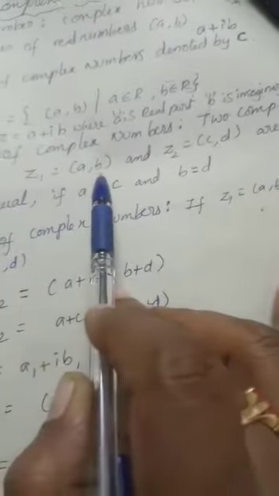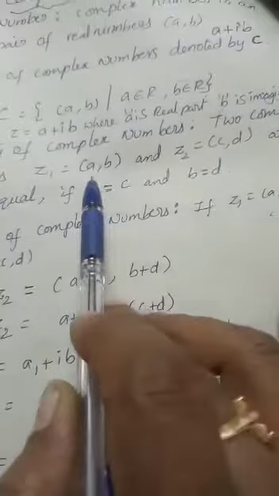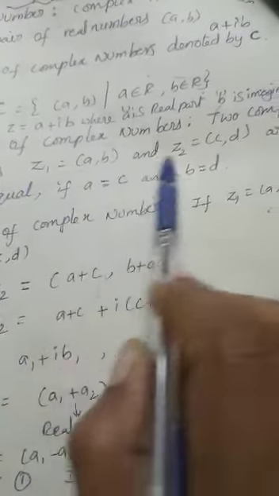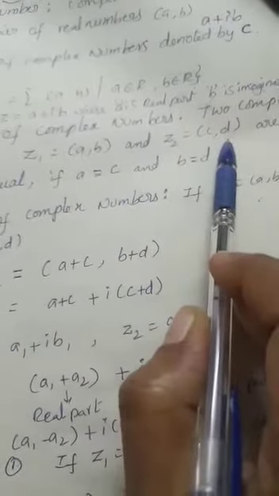Now equality of complex numbers. Two complex numbers, taking first number z1 is ab, an ordered pair, and z2 is cd. We are taking two complex numbers to be equal.